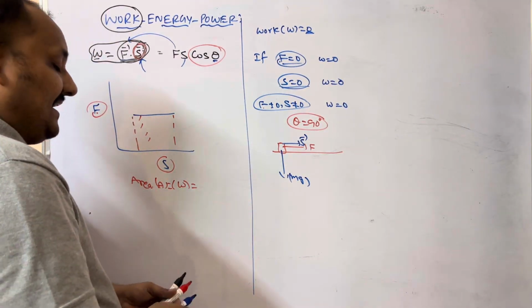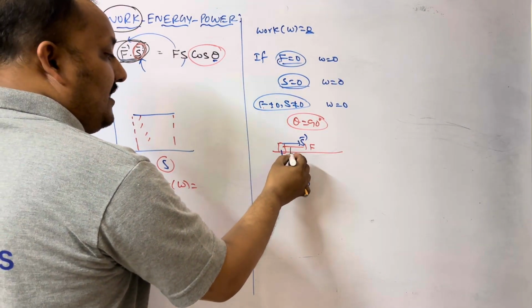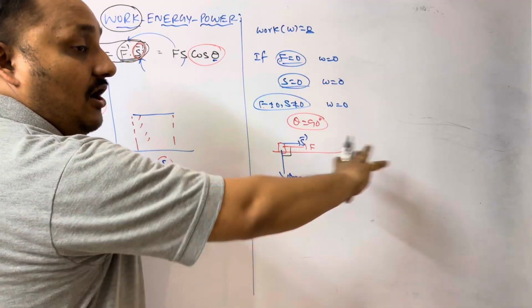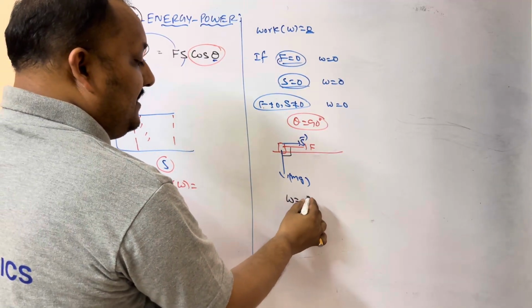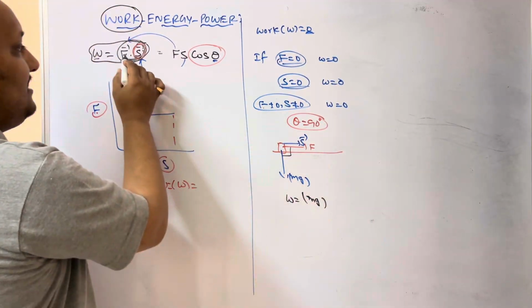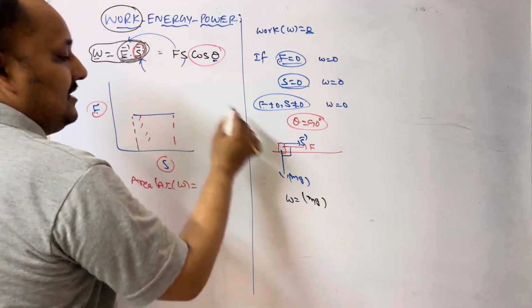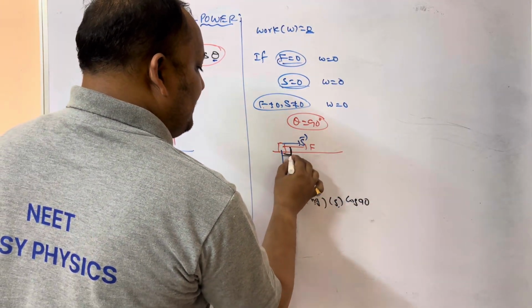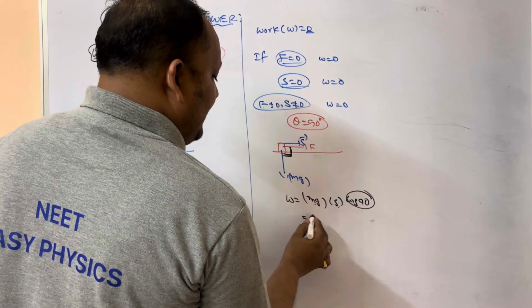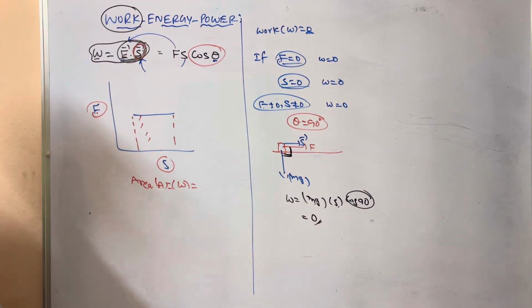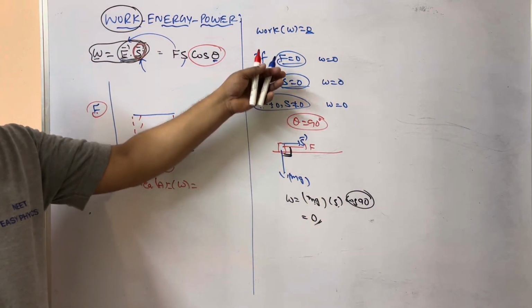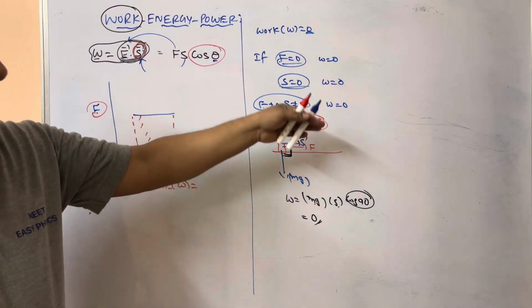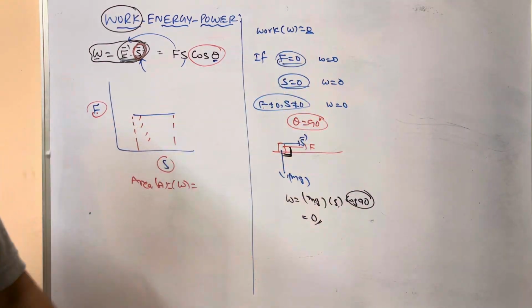What is the work done by gravitational force on an object moving horizontally? Force is mg, displacement is s, but the angle between force and displacement is 90 degrees. Cos 90 is 0. Therefore, work done is going to be 0. Can we get work done 0? They will ask. Yes, we can get 0 in these cases.